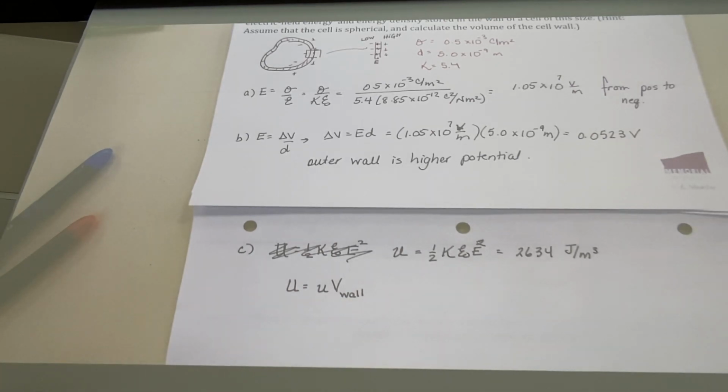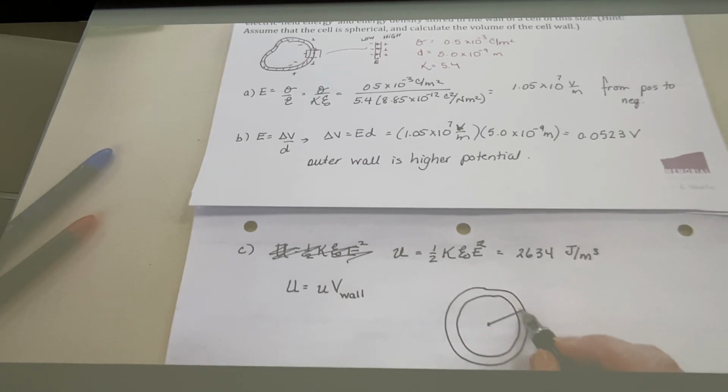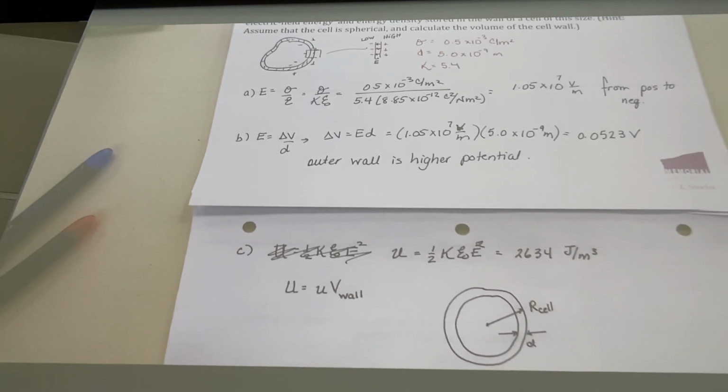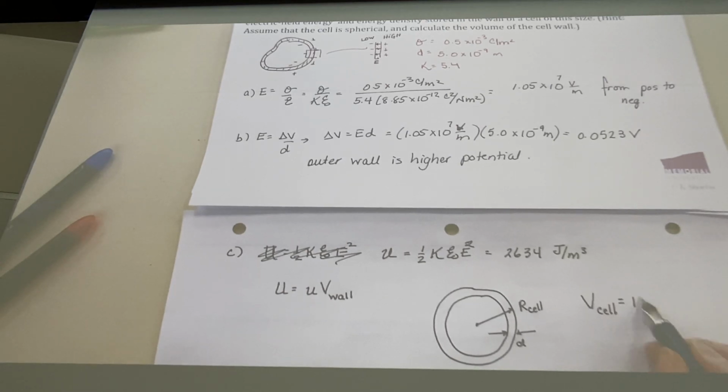So this is kind of interesting. We probably won't be able to write it all down, but I'll give you the idea. So it says treat the cell like it's a sphere. So there's the radius of the cell. And then the thickness of the wall we call D. The volume of the cell is 10 to the minus 16 meters cubed.